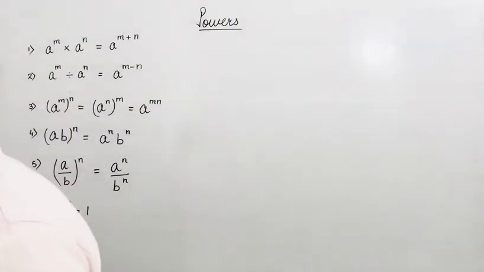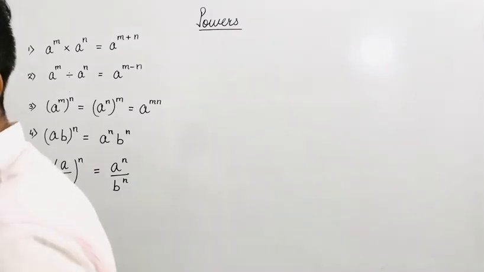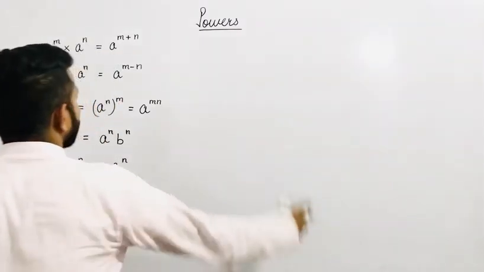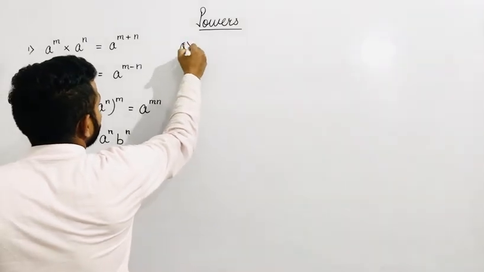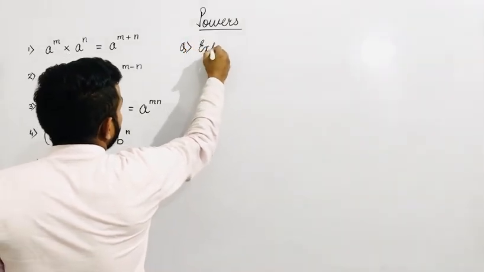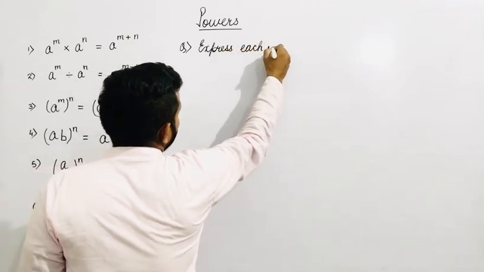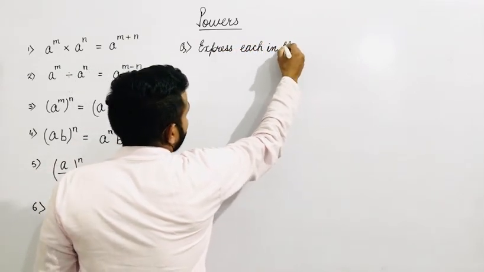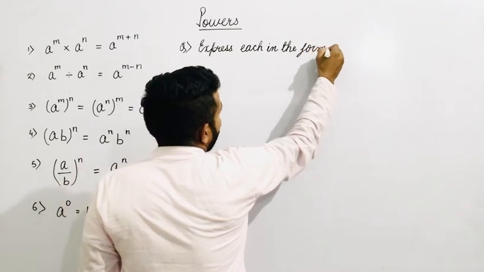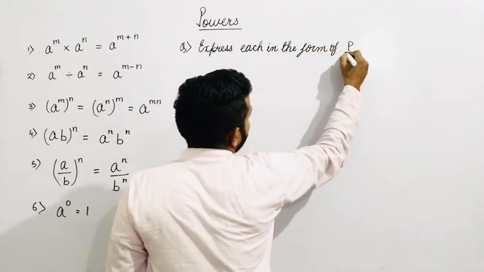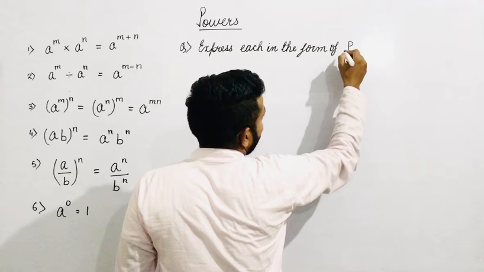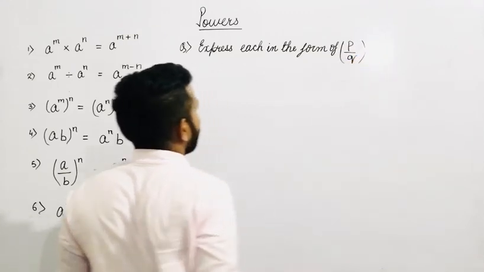Let us get started. The first question is, express each in the form of p by q.